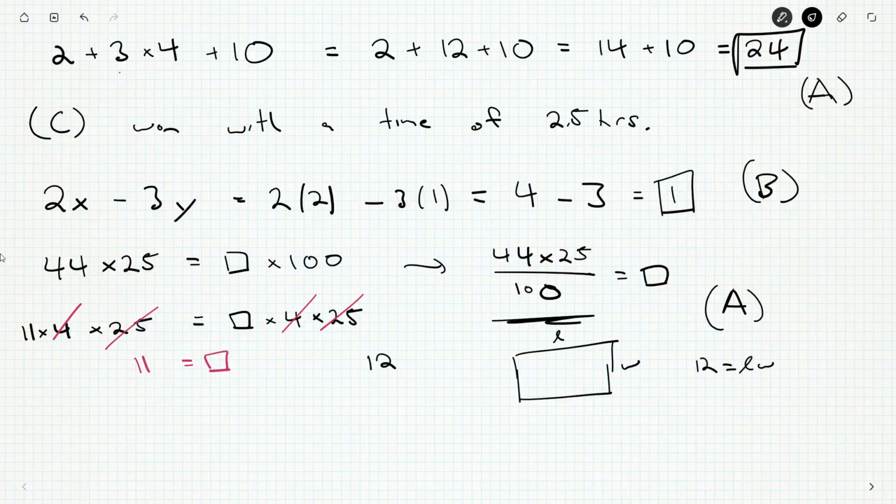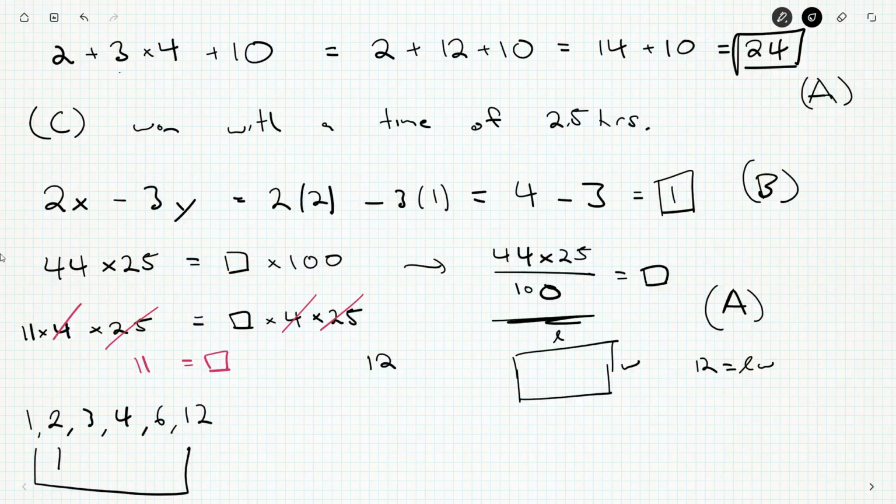So what are the factors of 12? Well, there's 1 and 12. That's a nice pair. Sometimes it might be a good idea to write them out like this. So 1 is a factor, 2 is a factor, 3 is a factor, 4 is a factor, 6 is a factor, 12 is a factor, and pairs of these multiply to 12. So we get 3 different rectangles.